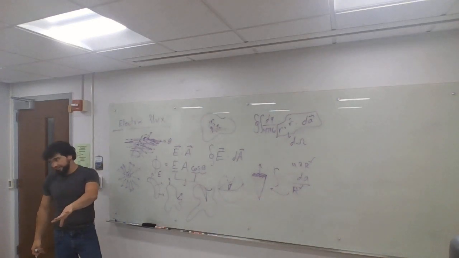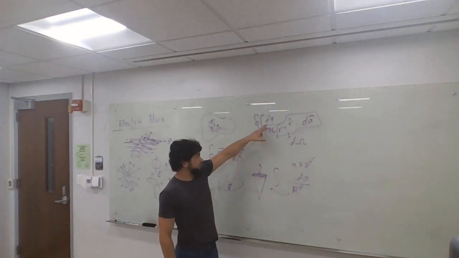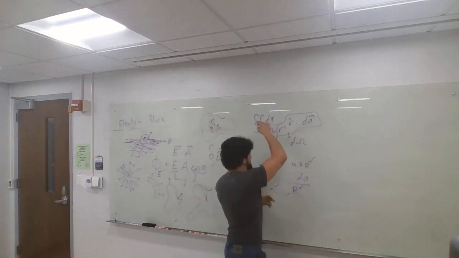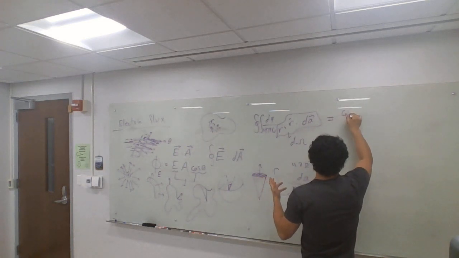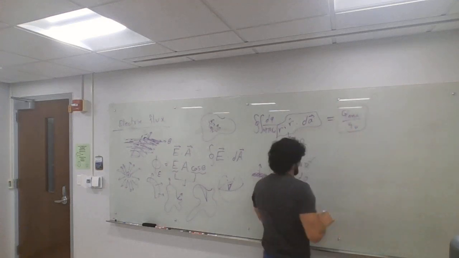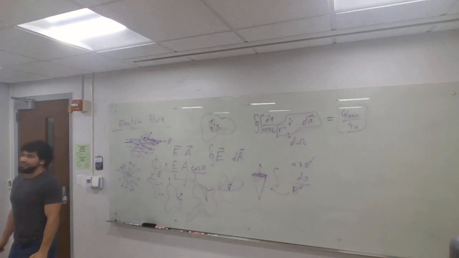So that's why it's 4 pi, and it cancels with 4 pi, and you're at the end left with the integration over dq inside. So that's why the flux over a closed surface is q enclosed over epsilon naught, which is Gauss's law. That's why, but it's not required from you to derive it.